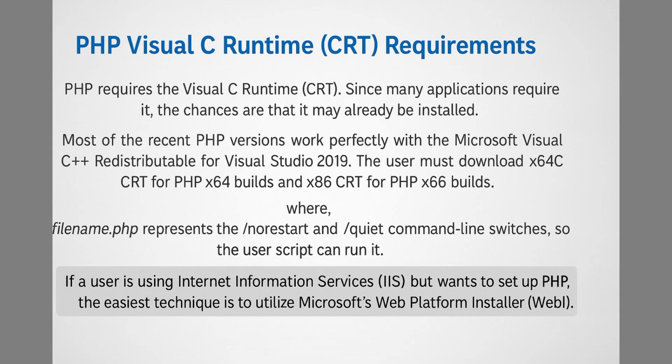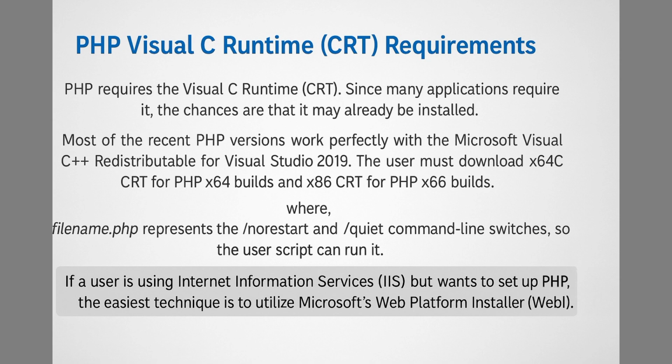Before PHP can run properly on a Windows system, it requires a specific supporting component known as the Visual C Runtime, CRT. The CRT is part of Microsoft's Visual C++ redistributable package, and it contains essential libraries that allow PHP and many other programs to execute correctly. Since most Windows applications rely on this runtime, there's a good chance it may already be installed on your computer.